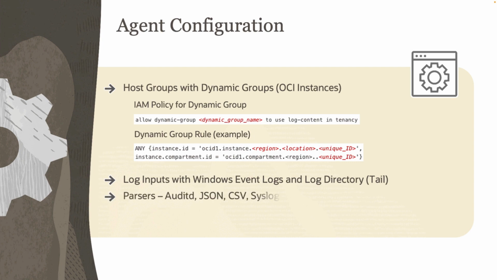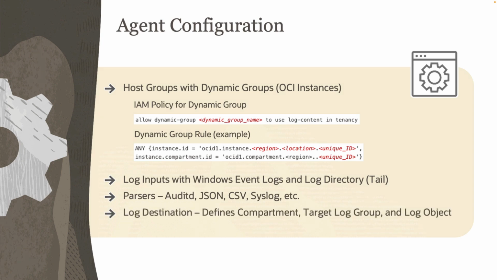We spoke about parsers. There are advanced parsers you can choose. You have the options to select parsers like Audit or JSON, CSV, syslog to parse the data in the chosen format. Log destination would define which compartment to store the logs, the name of the log group, and the log object for those custom logs.